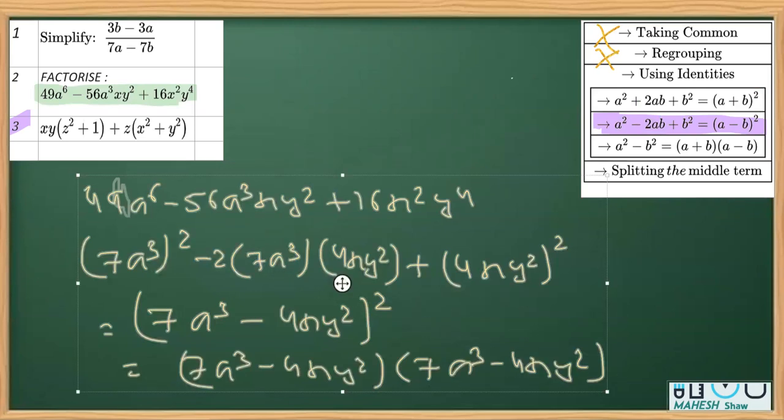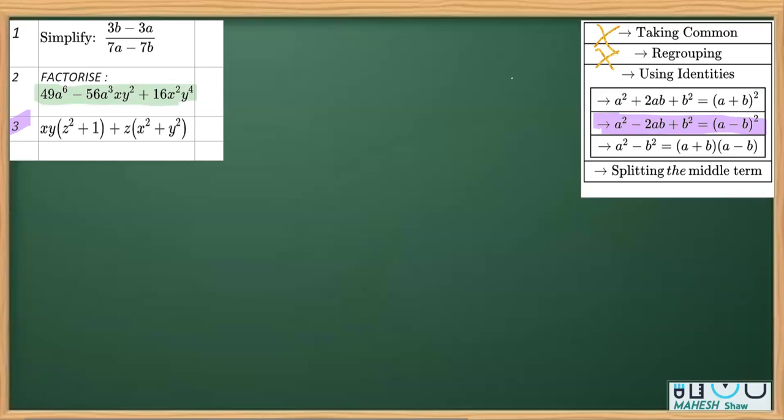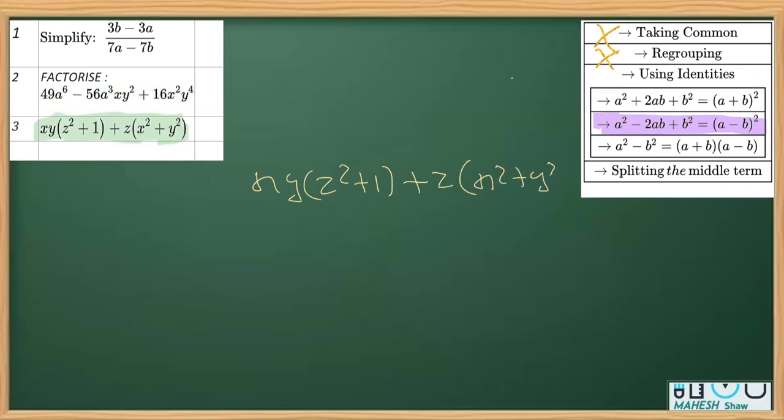Now we are on the last part, that is the third part. First, if I copy the question, we have xy bracket z square plus 1, plus z bracket x square plus y square. Now there are only two terms, one is this, another is this, and we can see nothing is coming common here.